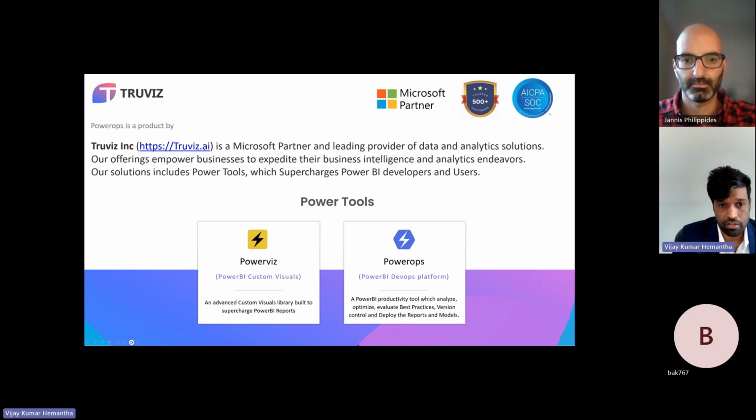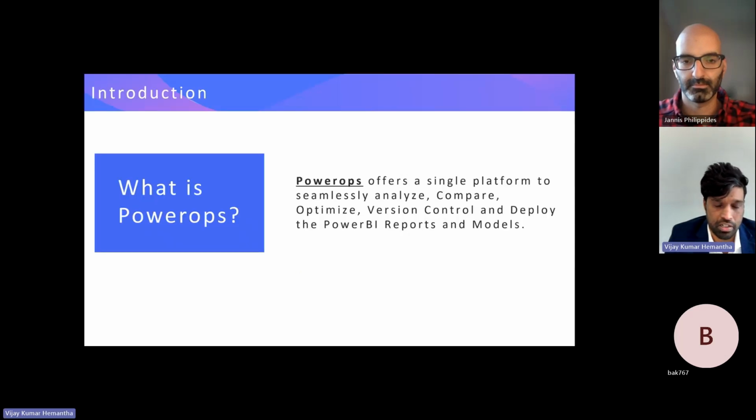That's the quick brief. So let's move on to what PowerOps is. PowerOps is a single platform which can seamlessly analyze, compare, optimize, version control, and deploy Power BI reports. Think of it like an end-to-end workflow tool for your Power BI report development.